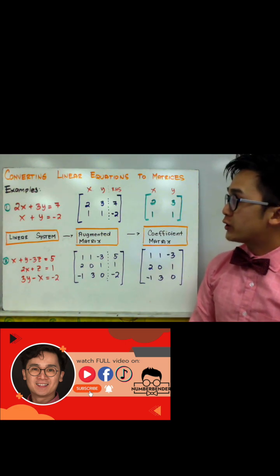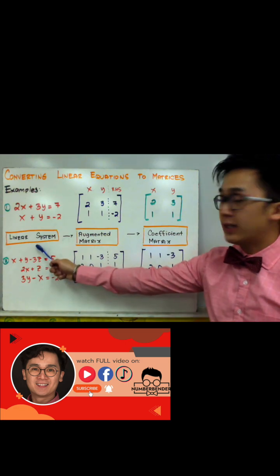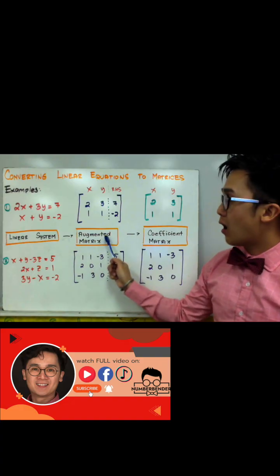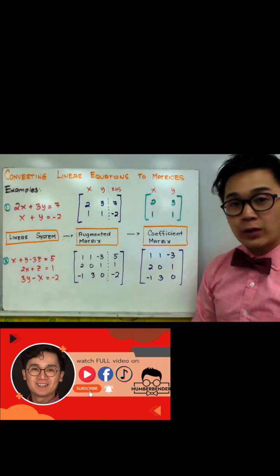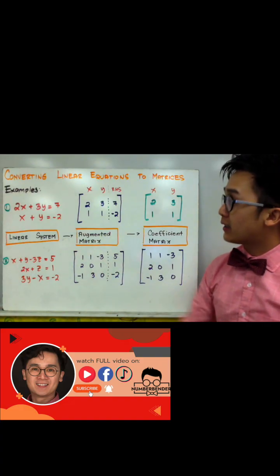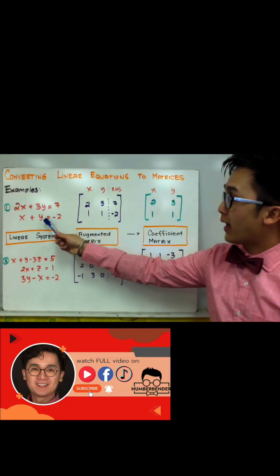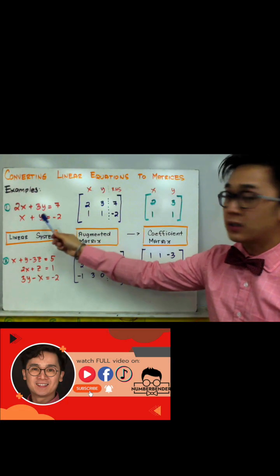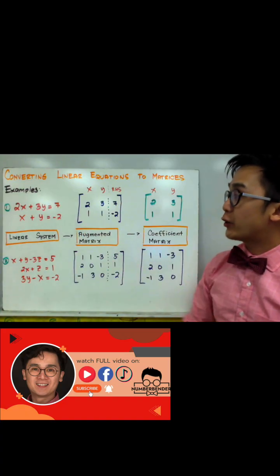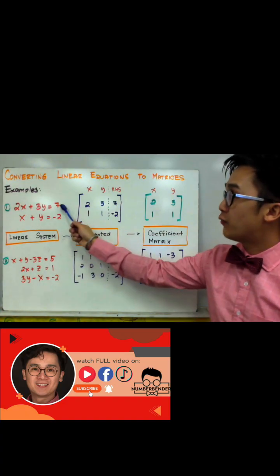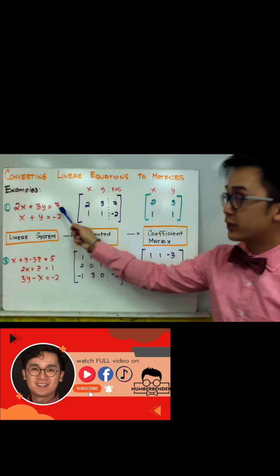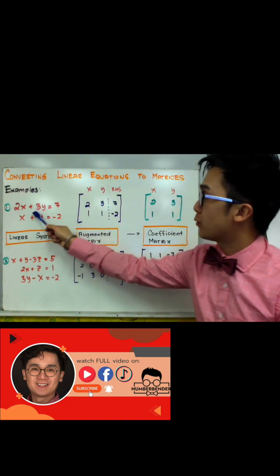The first conversion that I'm going to do is to convert a linear system into an augmented matrix. An augmented matrix is basically dropping the variables and just copying all the numerical values, or coefficients, in your linear system. So for the first row, I have 2, 3, and 7.